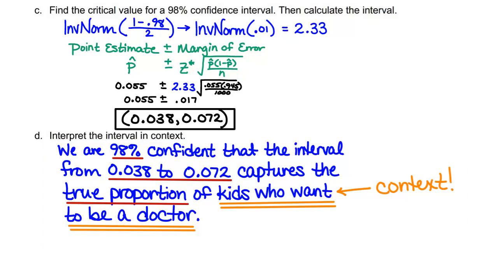We are 98% confident that the interval from 0.038 to 0.072 captures the true proportion of kids nationwide under 12 who want to be a doctor. Yes, get all that context in there. I ran out of steam as I was writing my answer key, but please don't let that tell you that you don't need to put all that information in there.